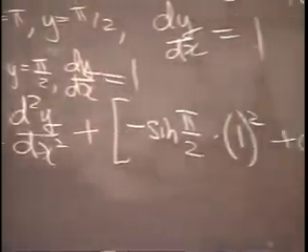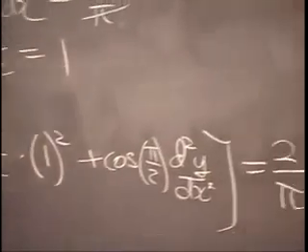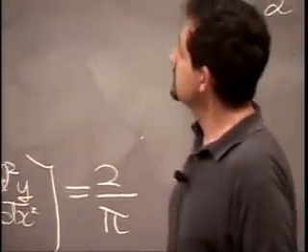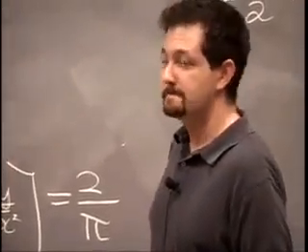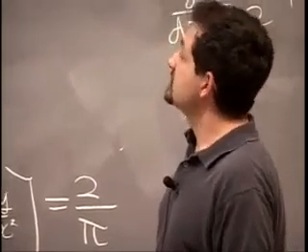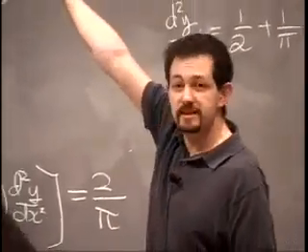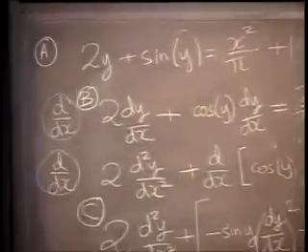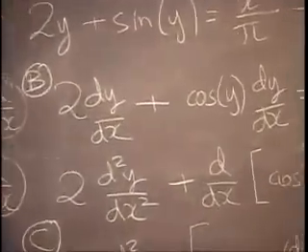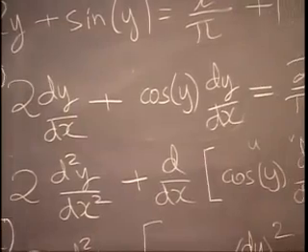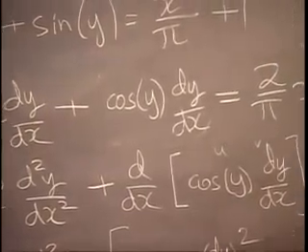Another question up the back there. Okay, so the question is, from equation B up there, if we can just focus on the second line up there, why not make dy/dx the subject, or solve for dy/dx, and then differentiate?